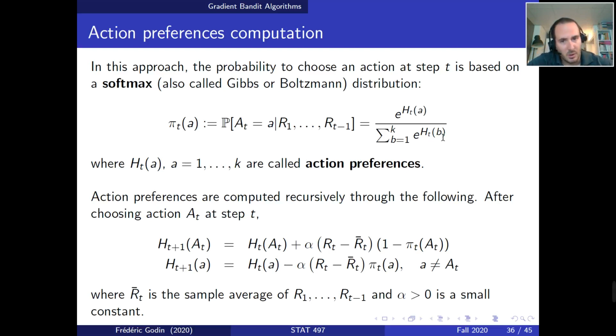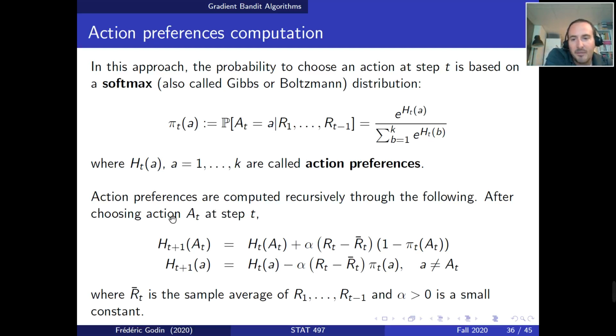This is how we select actions, but then how do we determine these action preferences? What rule do we follow? Here we're going to give the formula. Right now this formula will look very abstract, but we will justify it in the next slides.